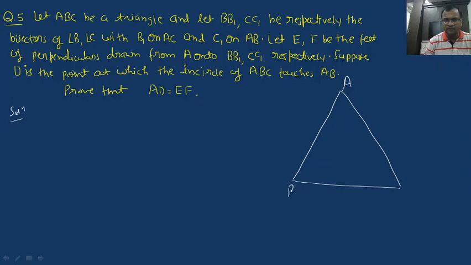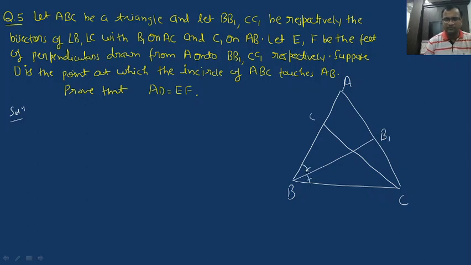This point is A, this is B, and this is C. This is a bisector BB1.